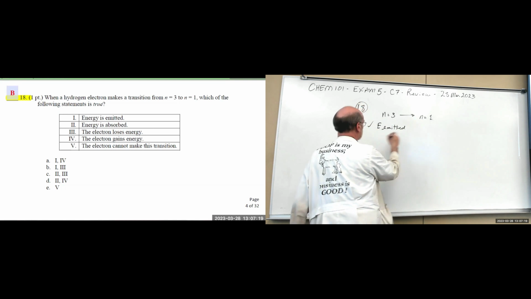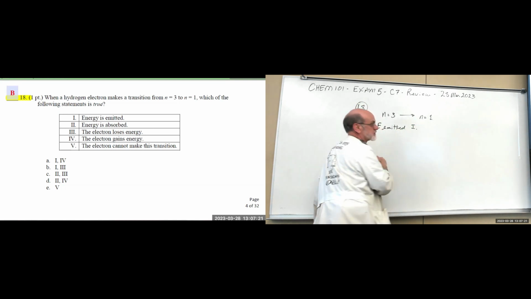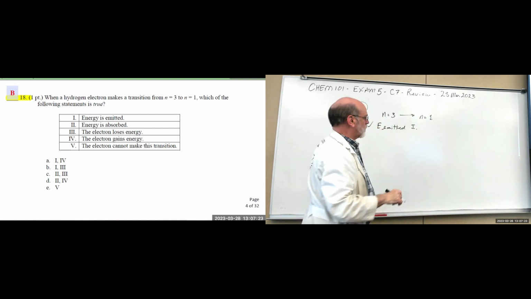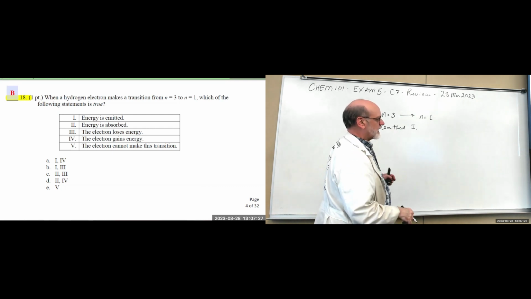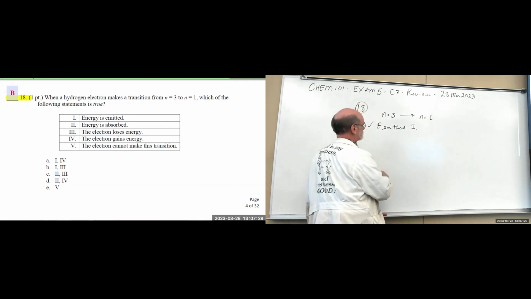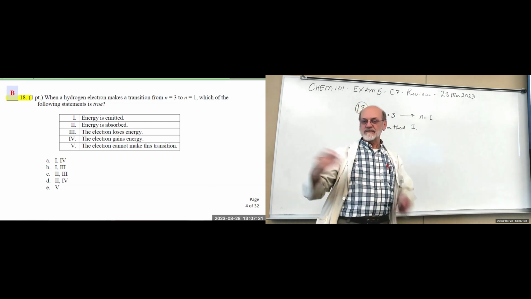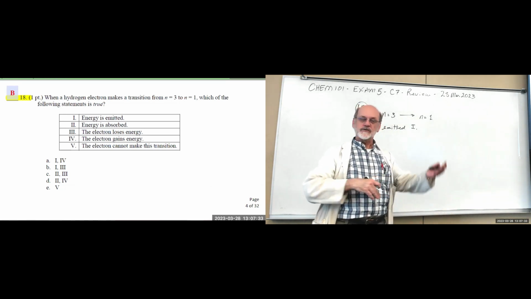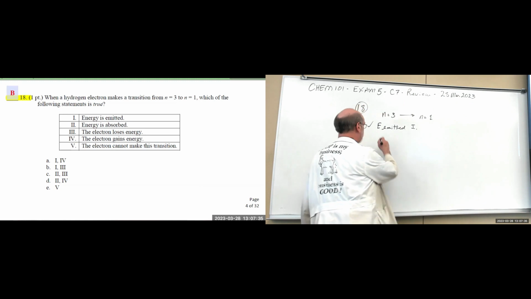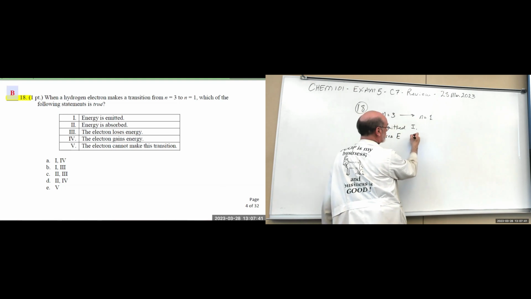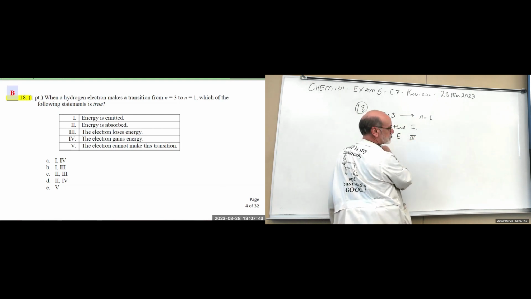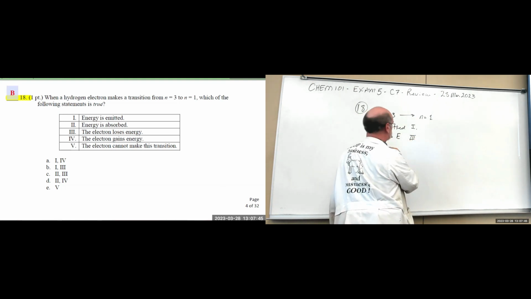So that's Roman numeral 1. Okay, that one's good. Energy is absorbed, can't have both of them. So one or the other. The electron loses energy. Yeah, if it's going to emit energy, it loses energy as it gets closer to the nucleus. All right, so electron loses energy. That's 3. Yeah, that was true.